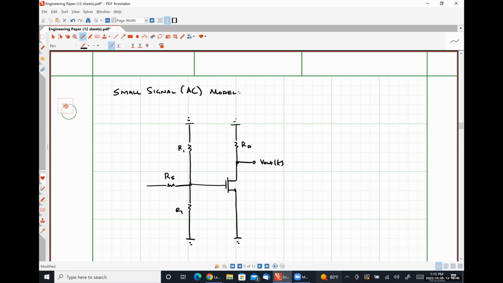Here's our source resistance RS. Here's our input signal Vin of t. And so I'm using this drawing to effectively make sure that I know where all the parts that are going to go into the true small signal model are. But I will go ahead and list our assumptions up here.